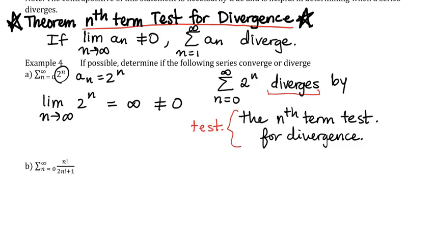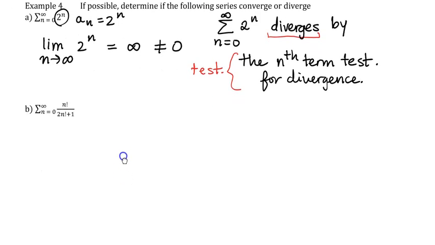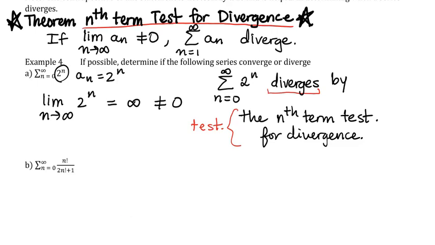Example 4b, we have a series. Before I look at example 4b, I want to point out the theory behind this theorem: the sum of the terms, you're adding things up, those things should not be getting bigger.